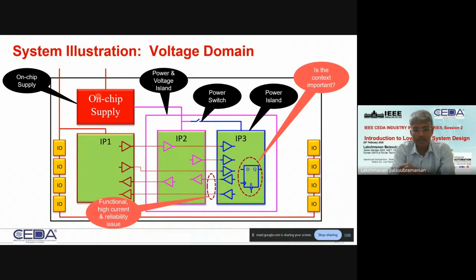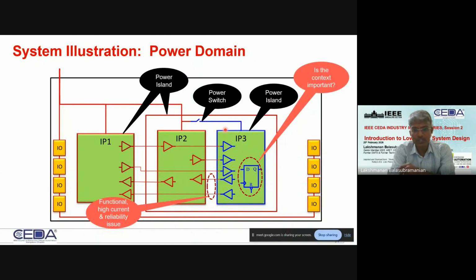And then third, it is also possible that earlier, you see IP1, 2, 3 are all on the same supply. Even though I've switched off IP3, once they're on, they're all operating at the same supply voltage. But it's possible that I really don't need to operate IP2 and IP3 at that high 5 volts.